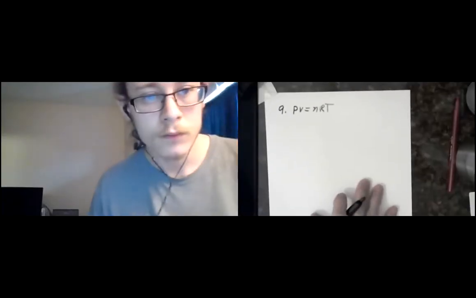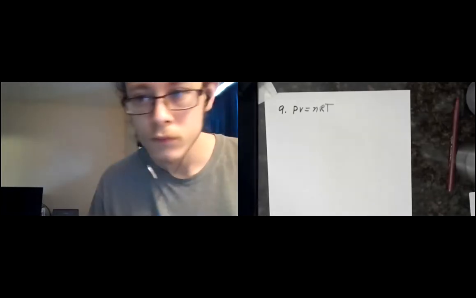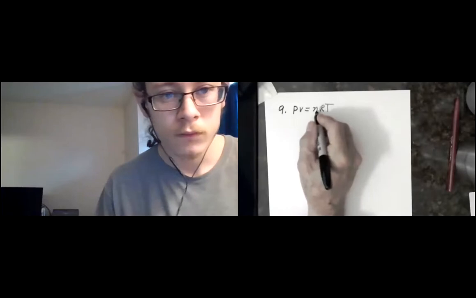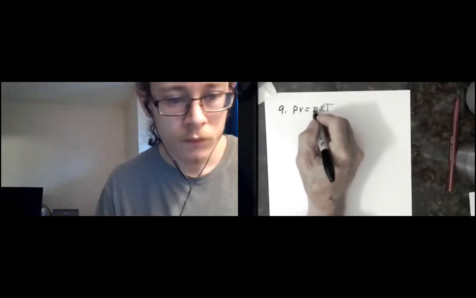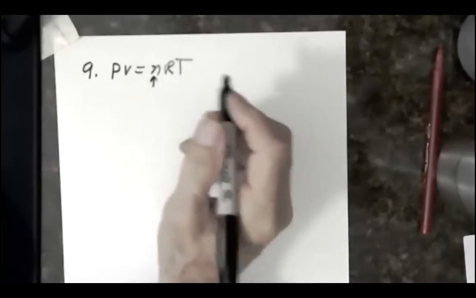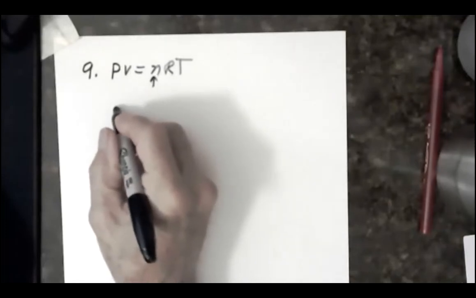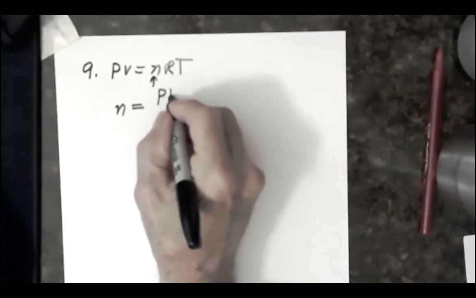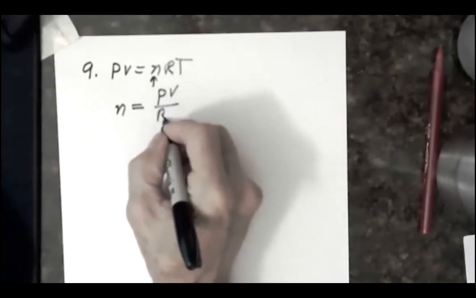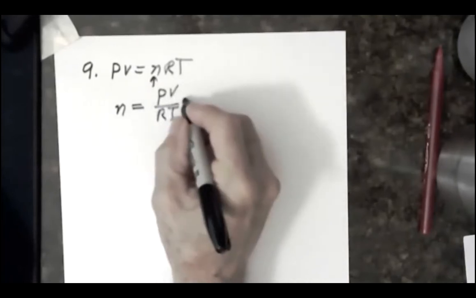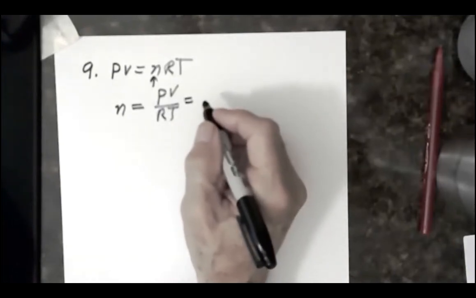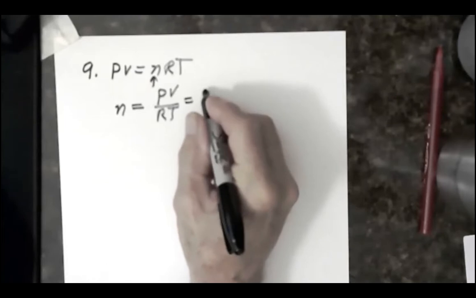Okay, so we want the mass of helium. So if I'm asking for mass, I'm going to first solve for moles. So the number of moles is going to be equal to P times V over R times T. The pressure that we have in this balloon is 1 atmosphere.